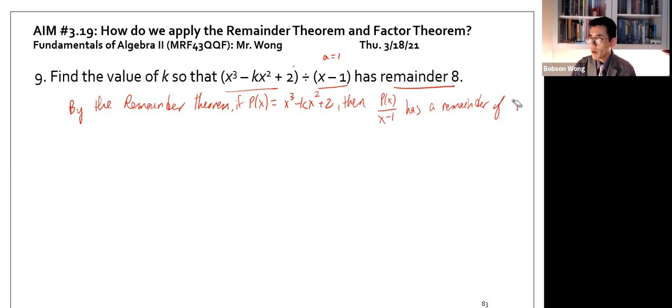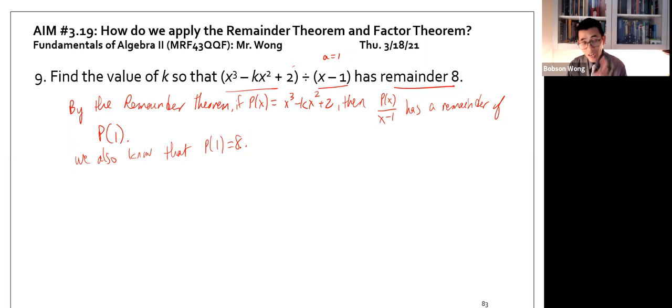Well, sorry, by the remainder theorem, we know that p of x over x minus 1 has a remainder of p of 1. We also know from what's given to us that p of 1 equals 8. So we can actually set these two expressions equal to each other.